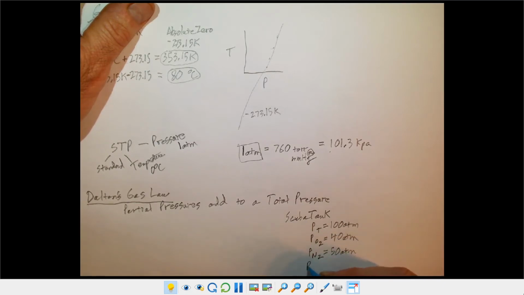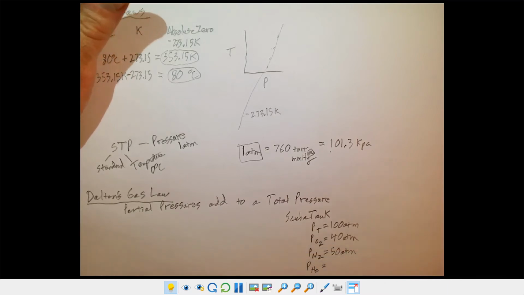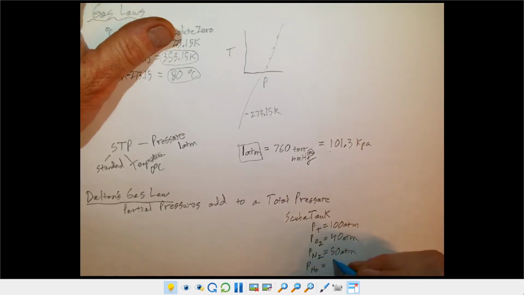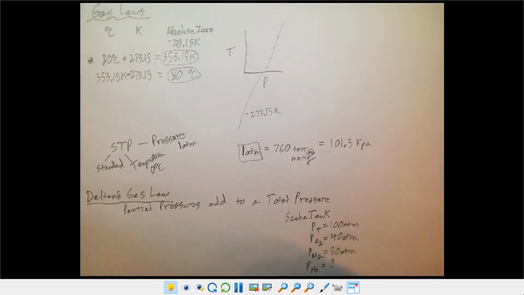And then there's another gas that they put in there to help decrease the probability of your body getting something called bends, which is a really dangerous situation to be in if you start to rise to the surface after you've been underwater for a long period of time. The gases that are in your bloodstream can actually boil and create air pockets, and then when that hits your heart, you can have a heart attack and die. Usually, you have some symptoms of it.